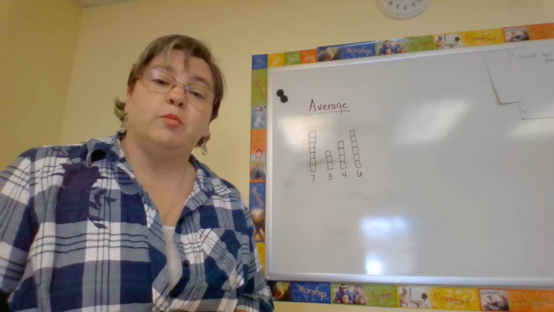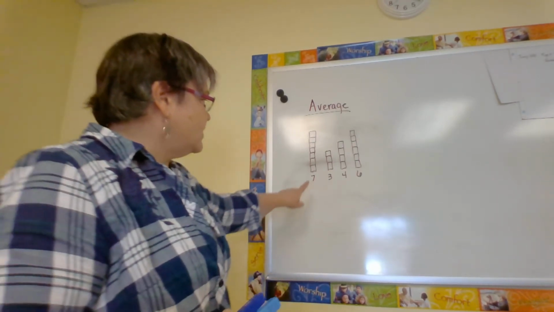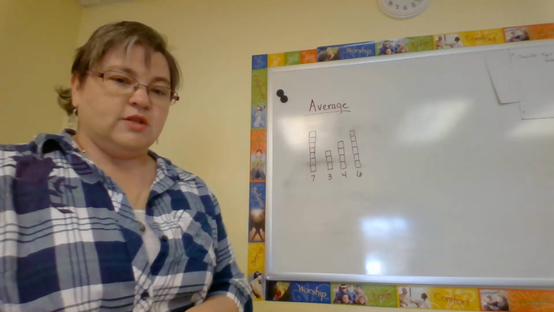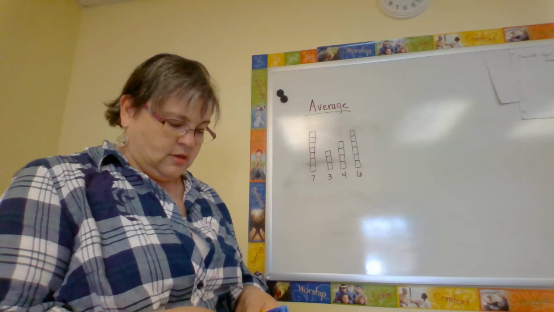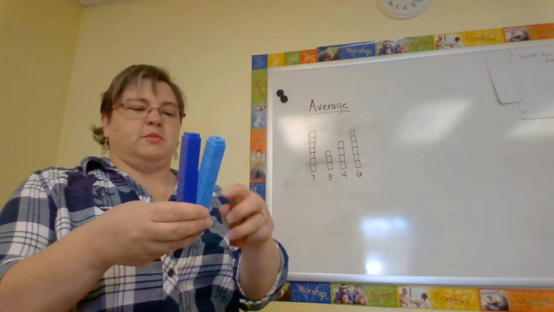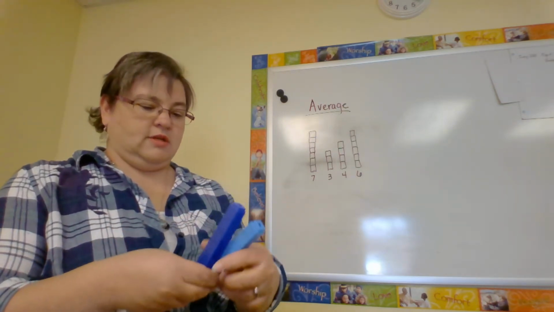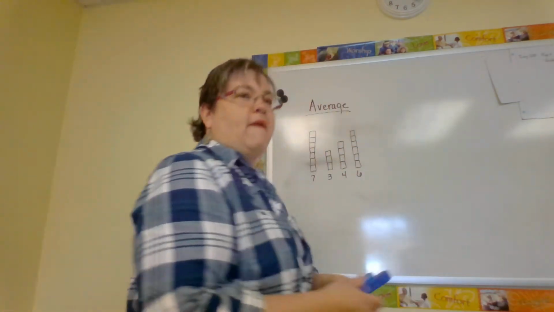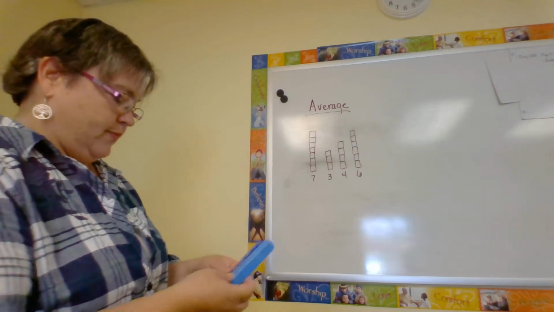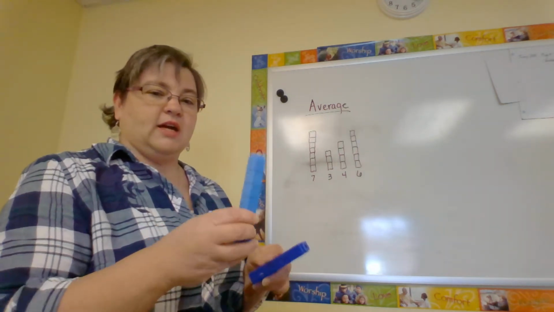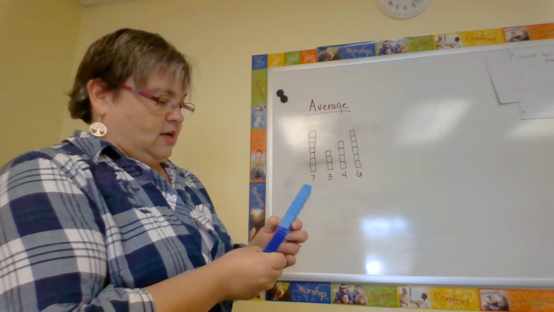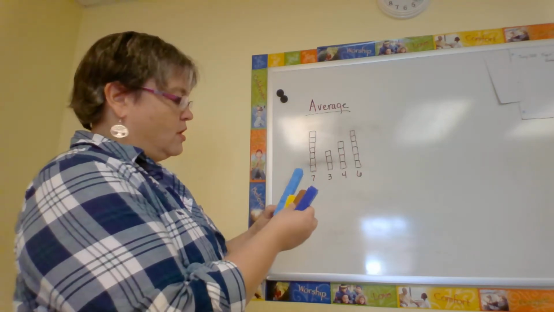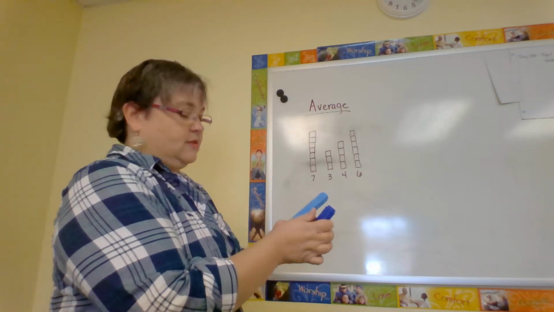All right, this time we're going to do one more. I want you to get stacks of 7, 3, 4, and 6. I have a stack of 7, a stack of 3, a stack of 4, and a stack of 6.